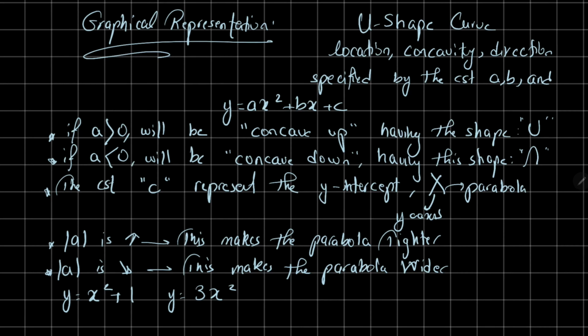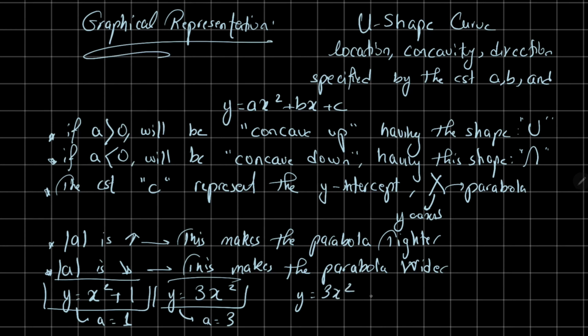In the first parabolic function we have a equal to 1, while in the second parabolic function we have a equal to 3. We can see from the property that the second parabolic function will be tighter than the first parabolic function. This makes y equals 3x squared tighter than y equals x squared plus 1.